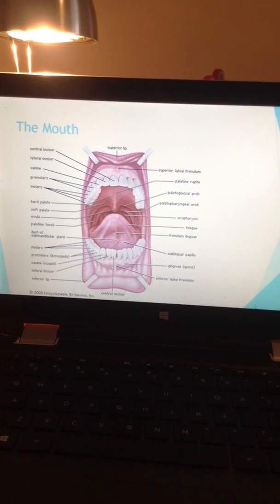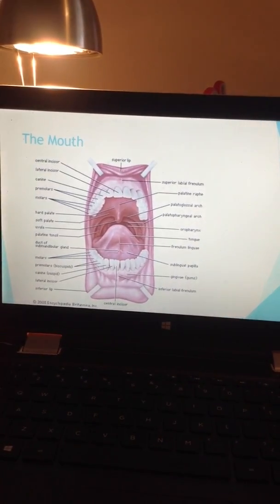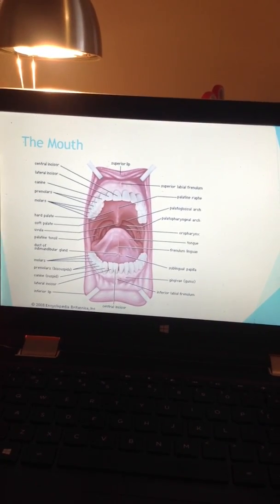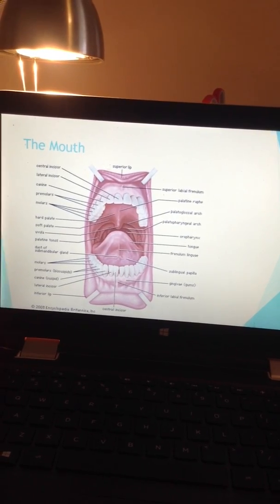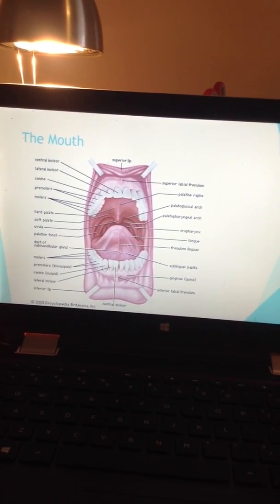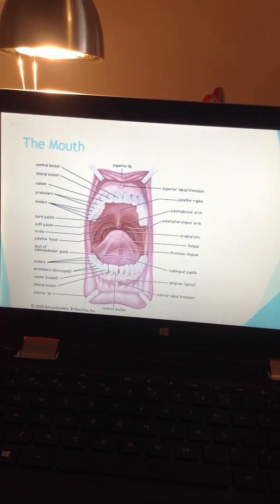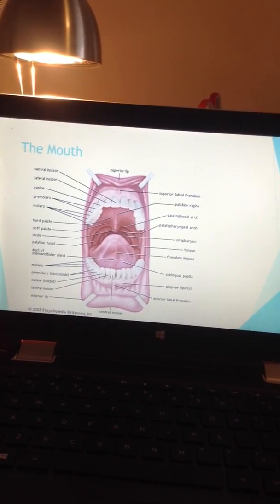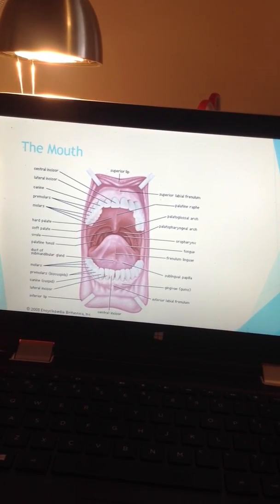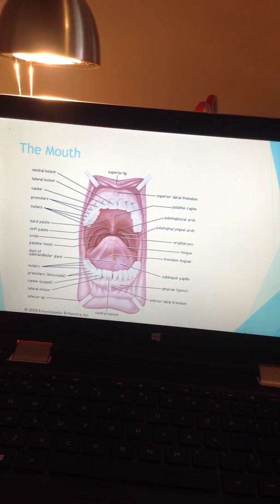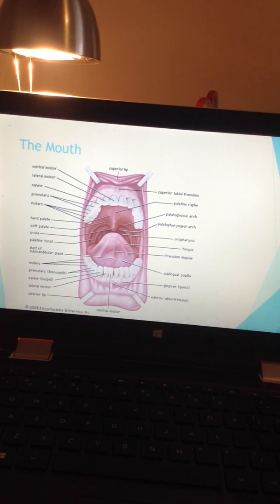The parts of the mouth that are important to the digestive system are the teeth, the salivary glands, and the tongue. The teeth begin the process by chewing the food, which is also called mastication. Salivary glands secrete saliva, which helps form a bolus, a small rounded mass of substance which can be swallowed into the esophagus to pass to the stomach.